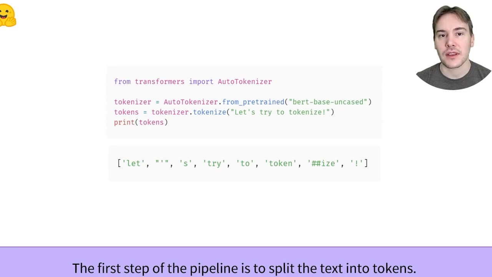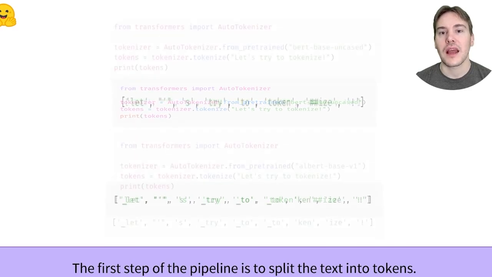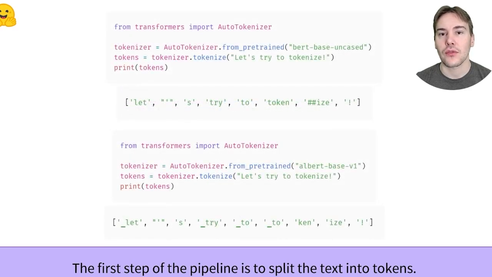The # prefix we see in front of eyes is a convention used by BERT to indicate this token is not the beginning of a word. Other tokenizers may use different convention, however. For instance, Albert tokenizers will add a long underscore in front of all the tokens that had a space before them. which is a convention shared by all sentence-based tokenizers.